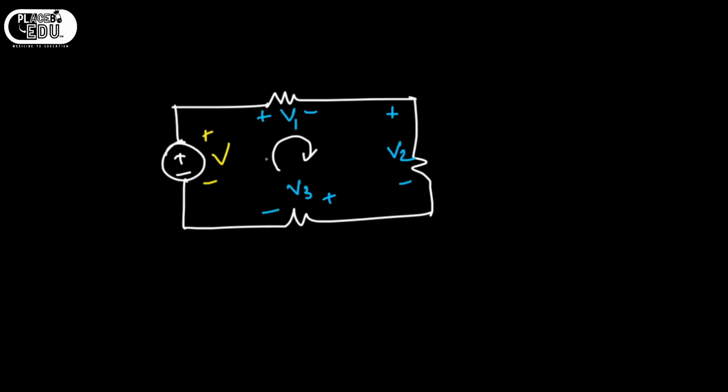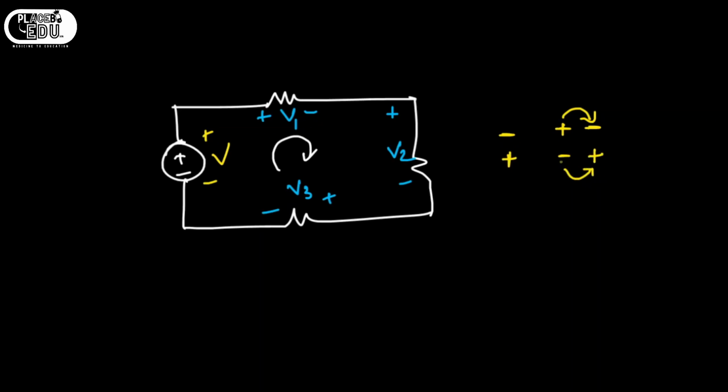While applying KVL, the important thing is we will consider it as negative when we jump from positive to negative. Okay, we will consider it as positive when we jump from negative to positive. Understood?